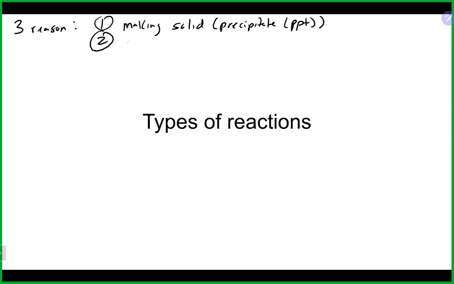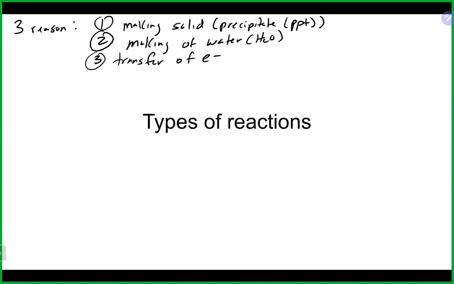The making of water, little H2O. And lastly, a transfer of electrons. Pretty much every equation or reaction that you come across will boil down to one of those three things happening. And that's really the reason why a reaction takes place.